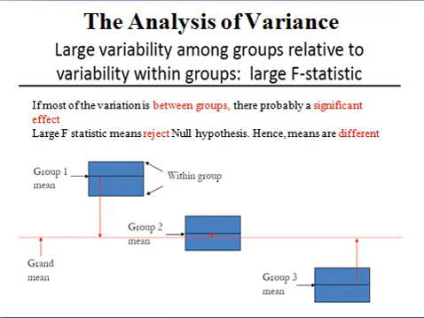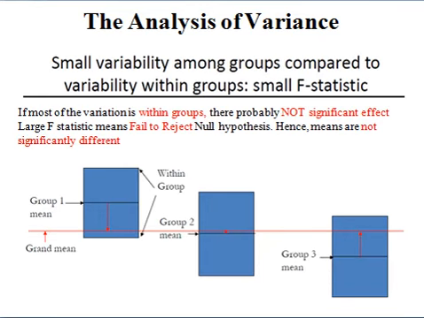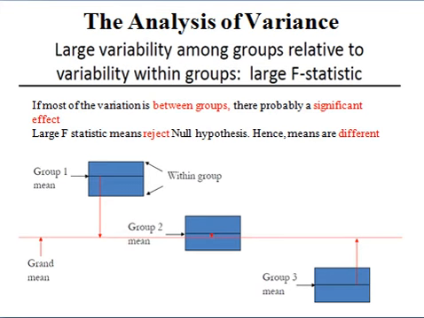In the second, the within group variation is small, so they are not touching this grand mean. When within group variation is small, the f test statistic value will be high.